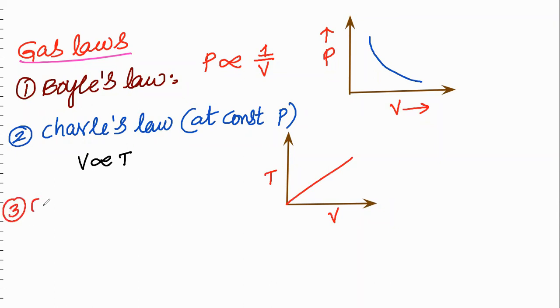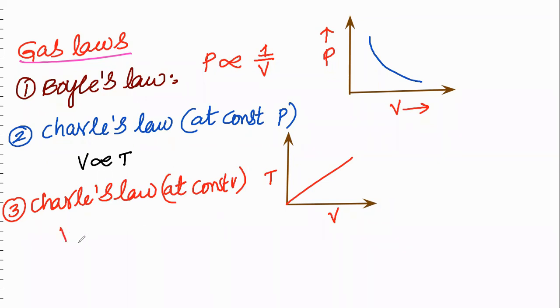The third one is Charles' law at constant volume. According to this, the pressure of the given mass of the gas is directly proportional to absolute temperature.